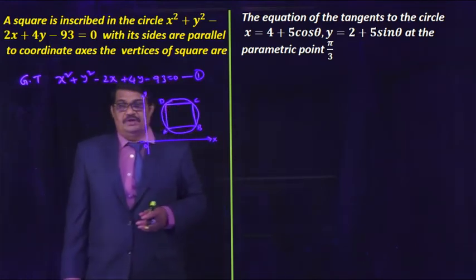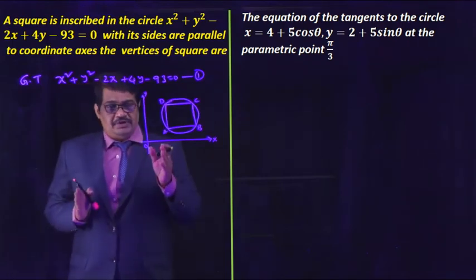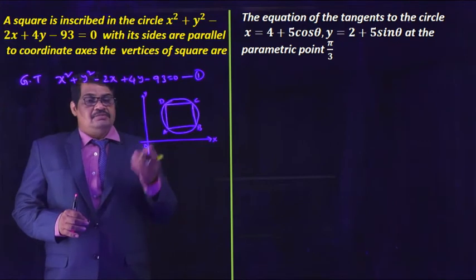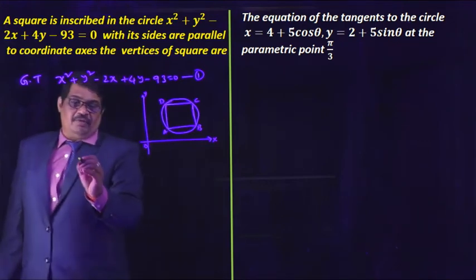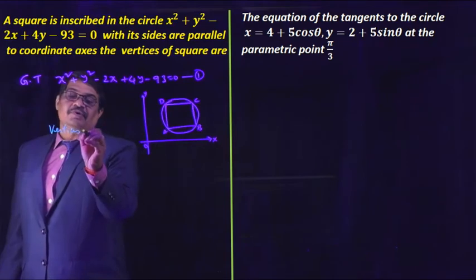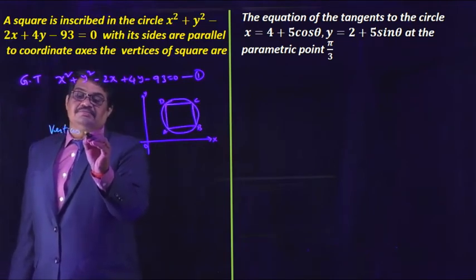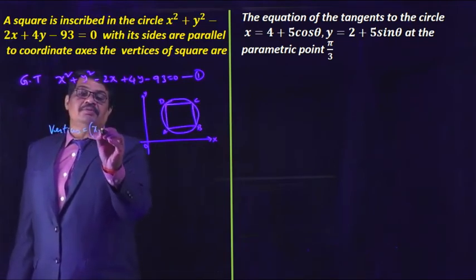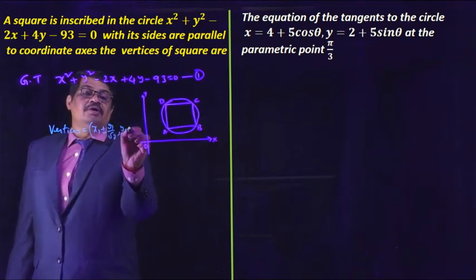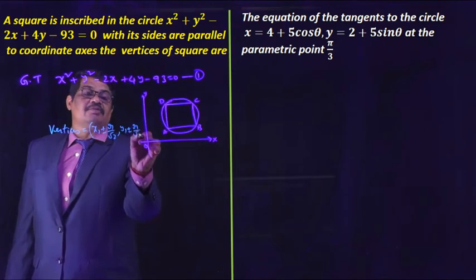So we know the formula. If the sides of the square are parallel to the coordinate axes, then the vertices are (x1 plus or minus r by root 2, y1 plus or minus r by root 2).